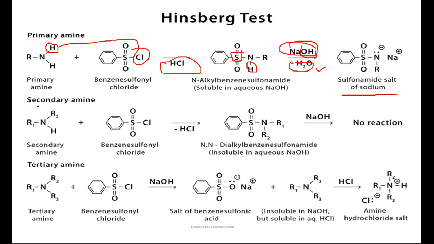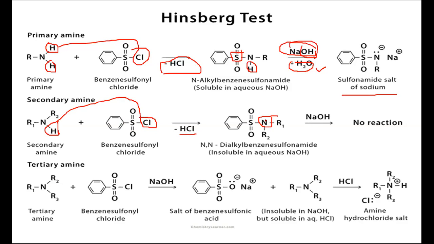Then suppose it is a secondary amine, what happened? There is only 1 proton, whereas in the primary amine there are 2 protons, you remember. That is the difference between primary and secondary amines. This also reacts with the chlorine, and it is eliminated in the form of HCl. The sulfur of benzene sulfonyl chloride makes a bond with the nitrogen.